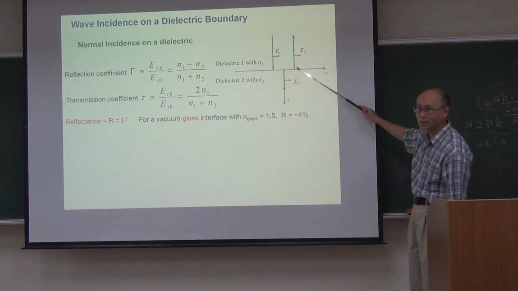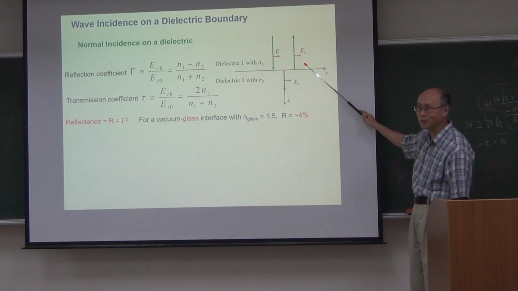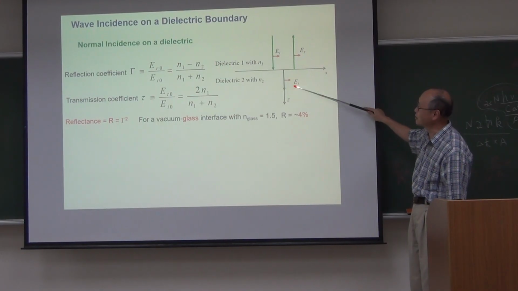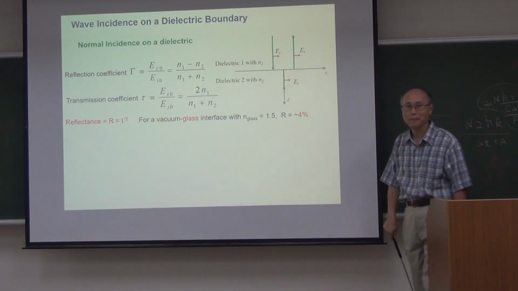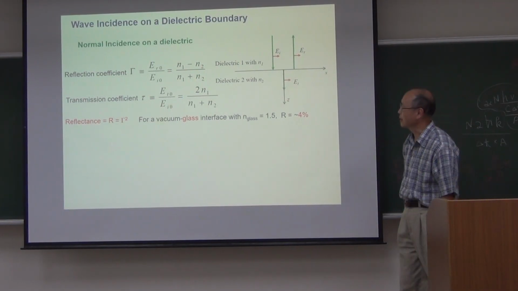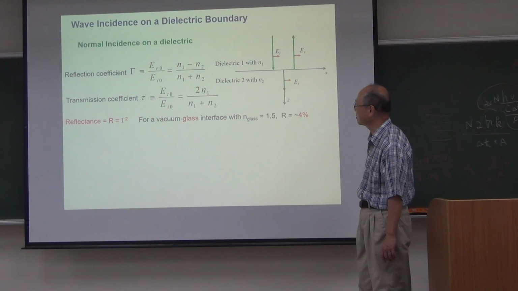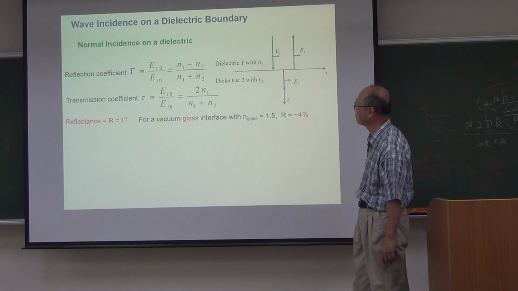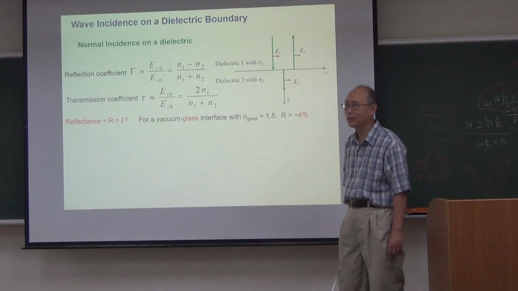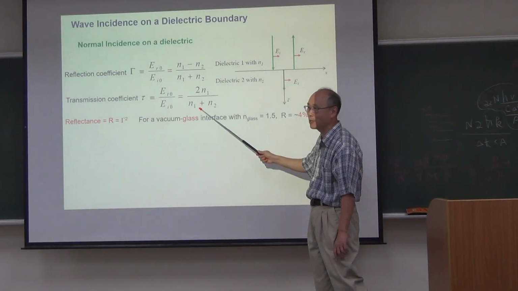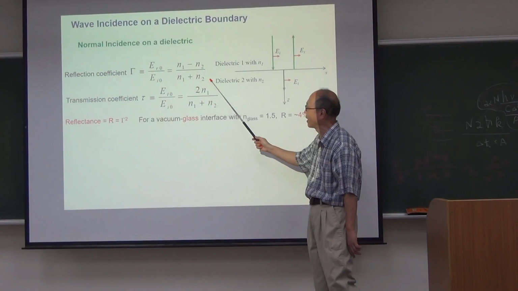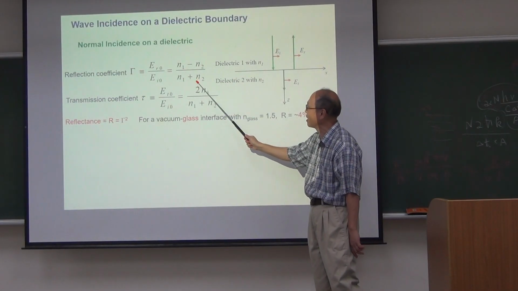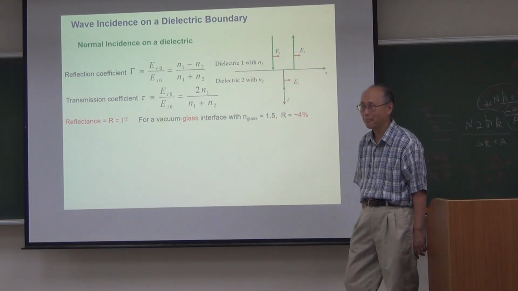If you have a normal incidence between two dielectric boundaries, then you have some reflection and some transmission. From electromagnetic theory, it's very easy to derive these two formulas, very similar to the transmission line you learned in the past two weeks. We had impedance, but now we have refractive index.